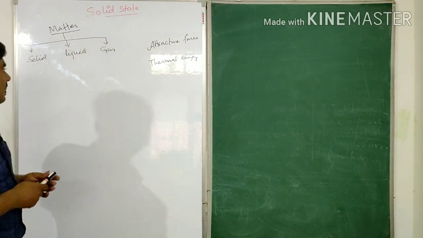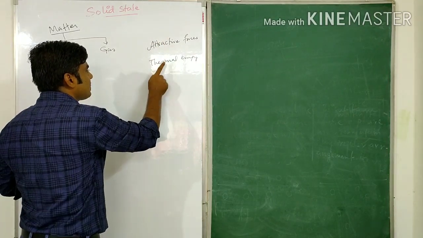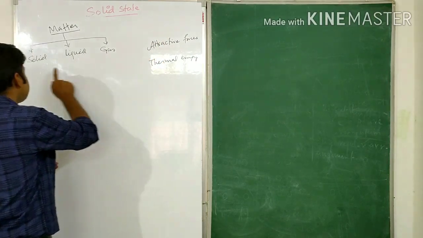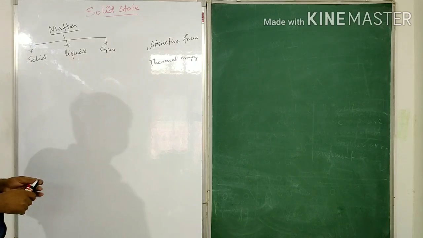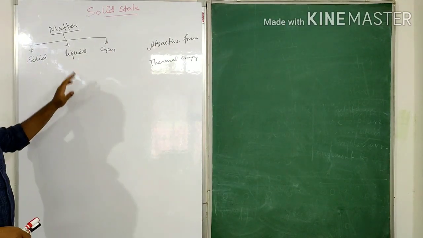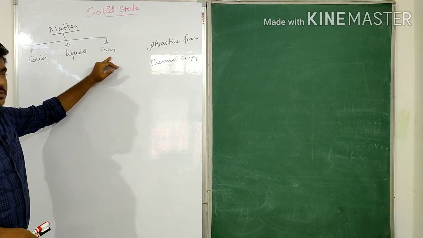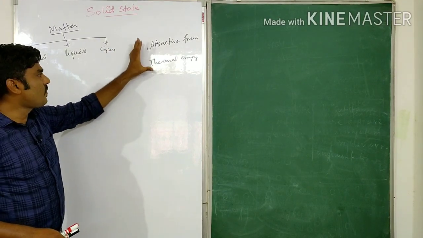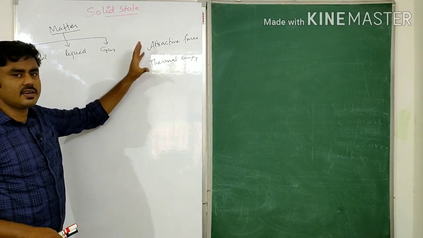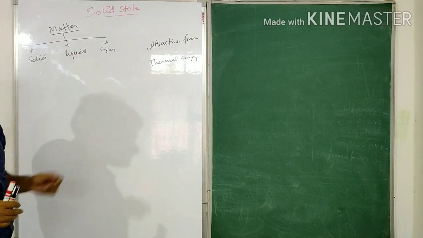Is it clear? If the attractive forces are much greater than the thermal energy, then the substance is going to be solid. If the thermal energy is much greater than the attractive forces, then the substance is going to be gas. And if these two forces are nearly equal, then the substance will be liquid.